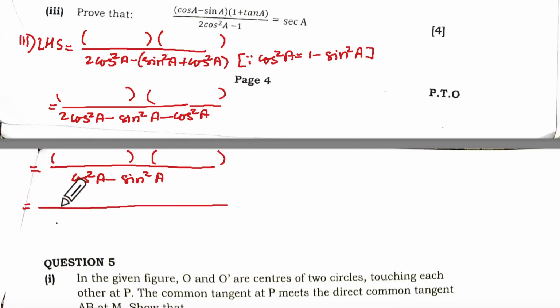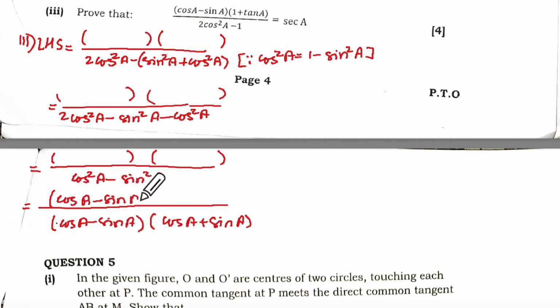And in the next step, can you see over here, this is cos a minus sine a, so I'll have cos a minus sine a, and here it will be cos a plus sine a, and the numerator I will write now cos a minus sine a, and it will be 1 plus tan a. Then this is getting cancelled.